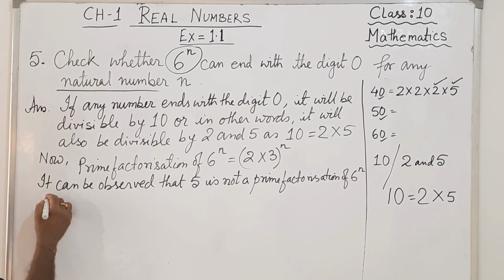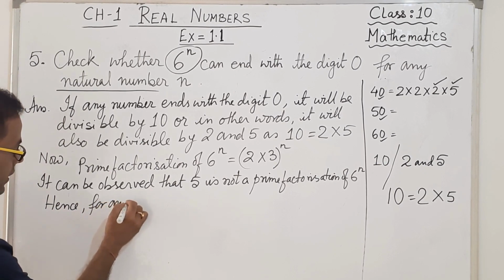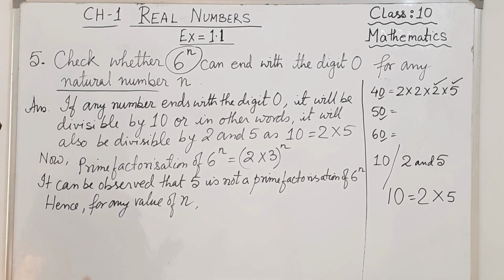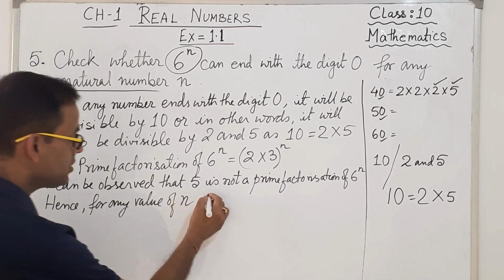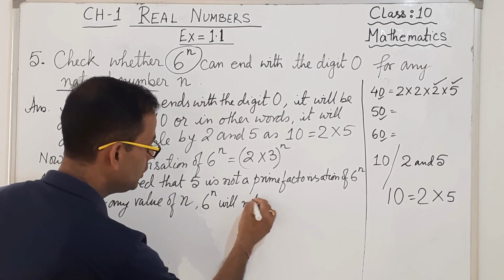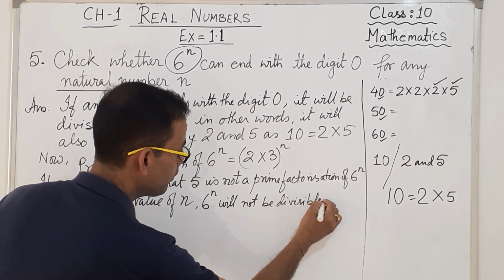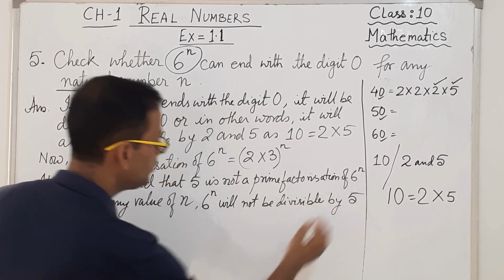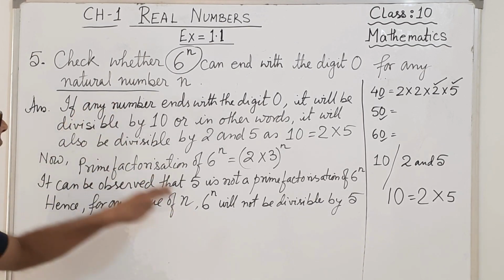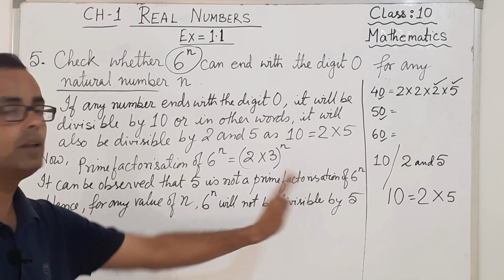2 is matching, but 5 is not matching. So what I can write? Hence, for any value of n, 6 to the power n will not be divisible by 5. Understanding or no? You take any value of n. N should be a natural number. N value can be 1, 2, 3, 4, 5, 6. Any value will not be divisible by 5.